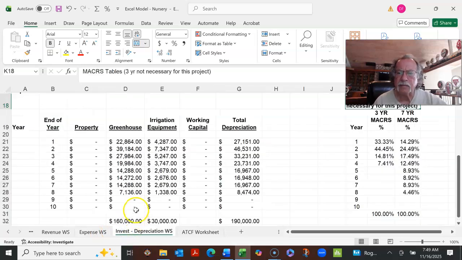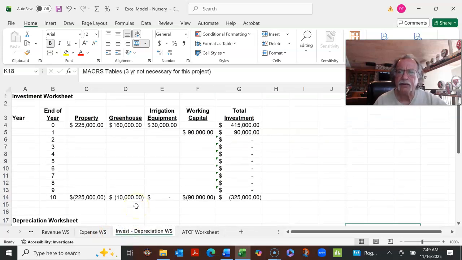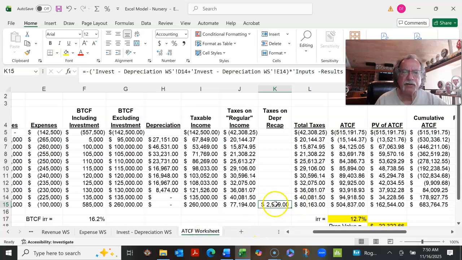So I think it may be easiest to see it from this worksheet here. We're selling these assets for this price. This is what we paid for them. So that's going to be where we get our depreciation recapture. So we have taxes on the depreciation recapture.